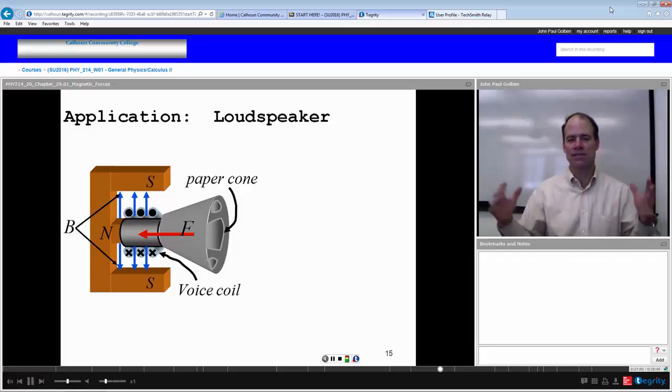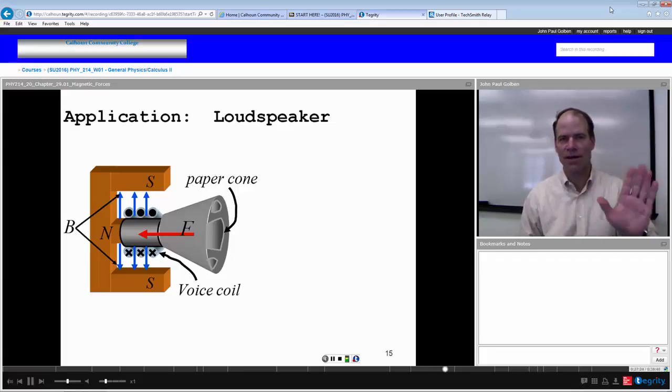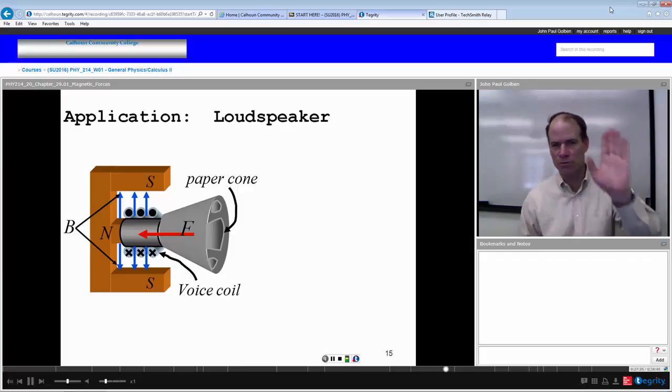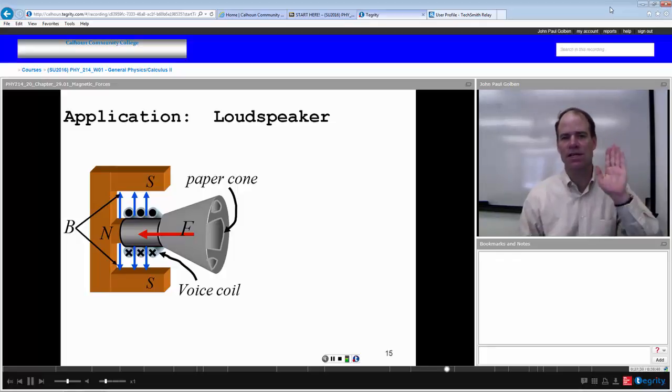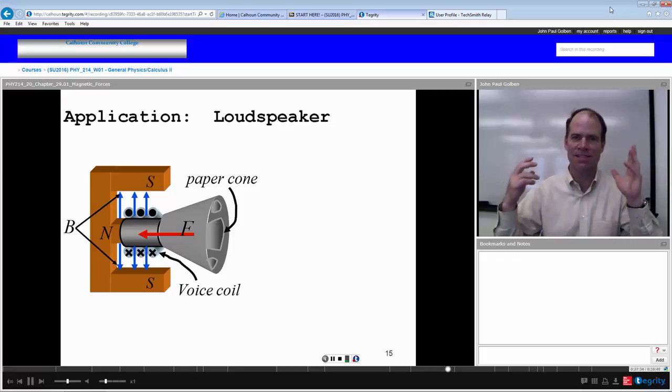Hence, this cone would move back and forth, creating a pressure wave with the same frequency as the signal going into the wire, the current. That pressure wave would travel through the air, and when it hit your eardrum, it would move your eardrum back and forth with the same frequency as that pressure wave. Hence, you would interpret that as sound.